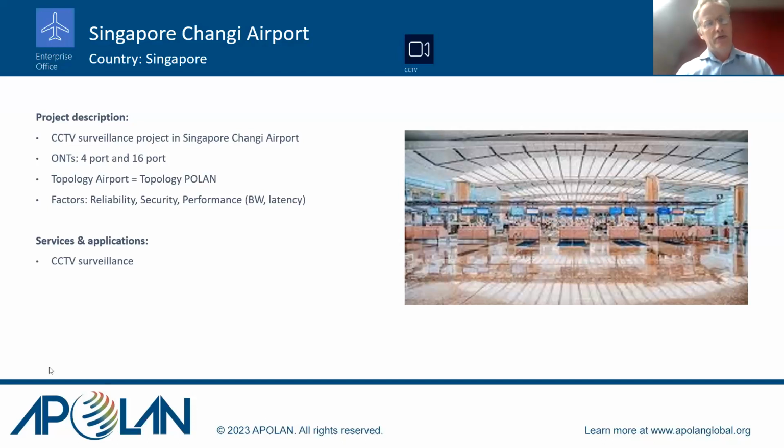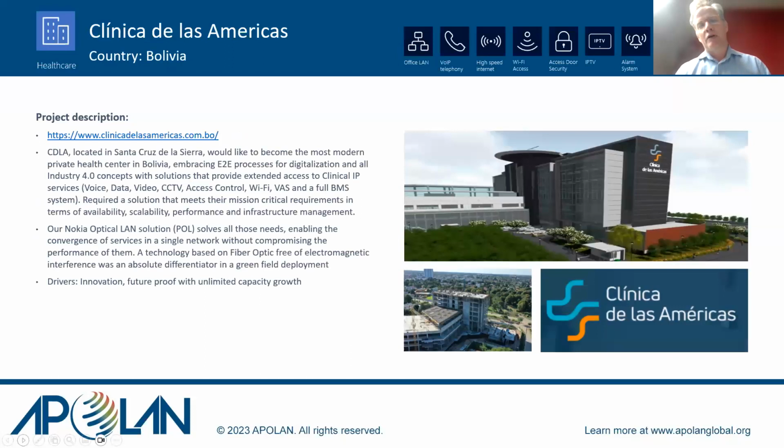If you switch over to the next use case, that is on healthcare. There we have Clínicas de las Américas. That's in another part of the world, Latin America, in Bolivia. It's a hospital campus. Again, a large surface where the need for higher bandwidth services is obvious.